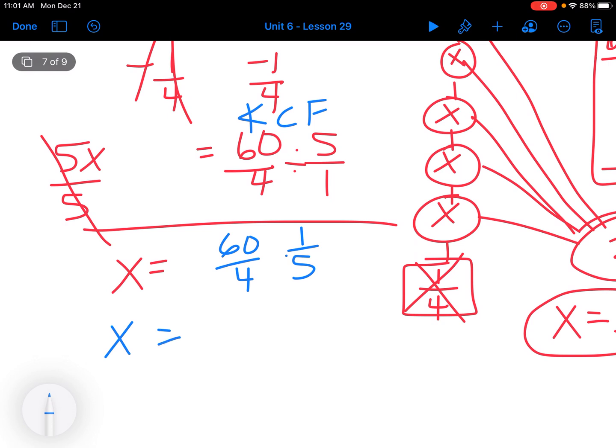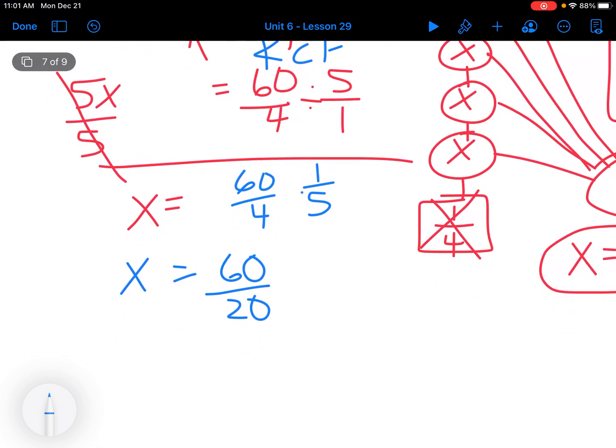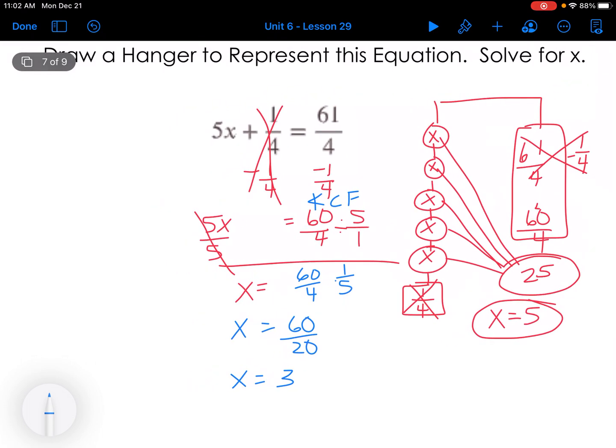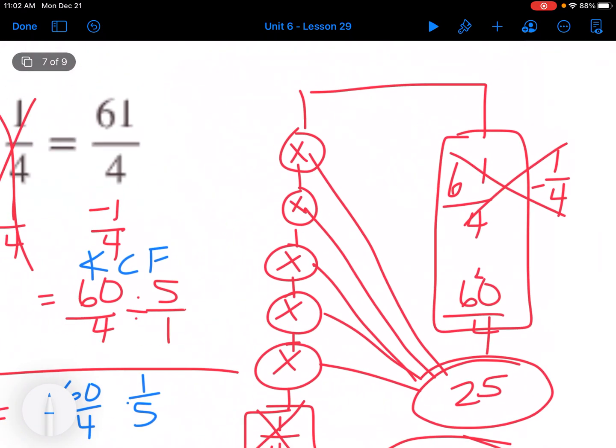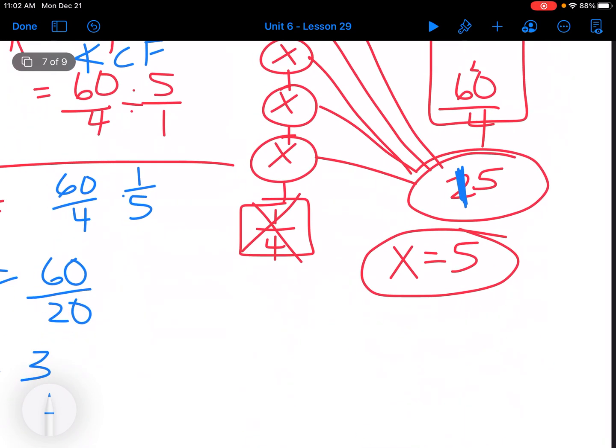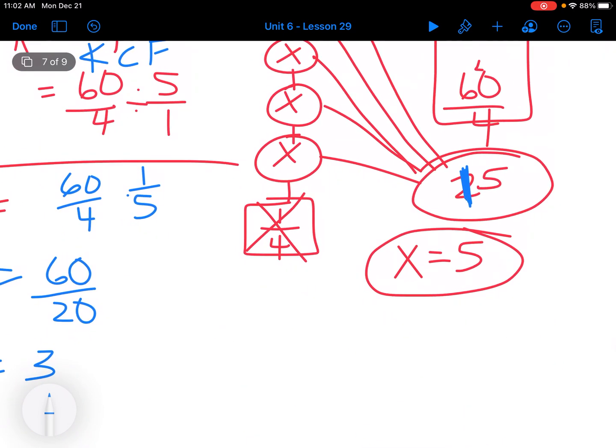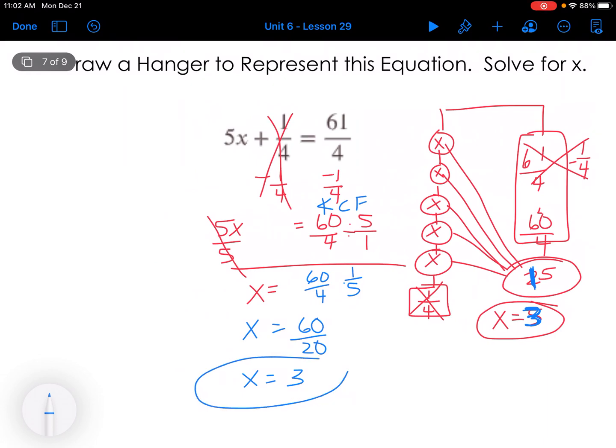So that means 60 divided by 20. This is 15. Sorry guys. So x equals 3.